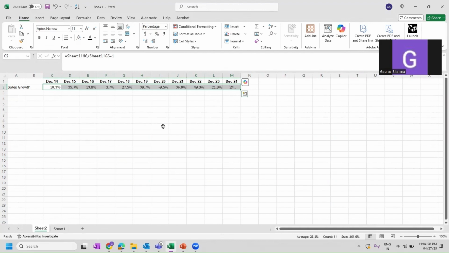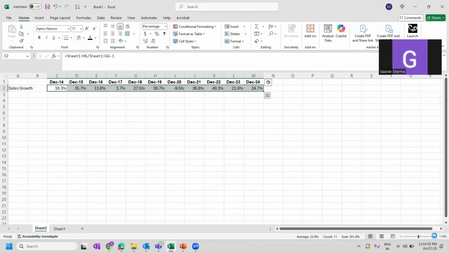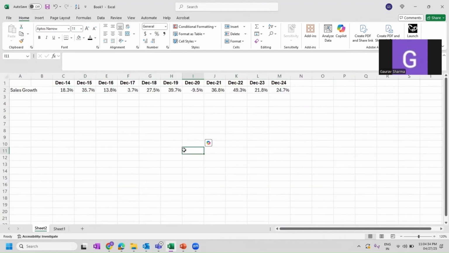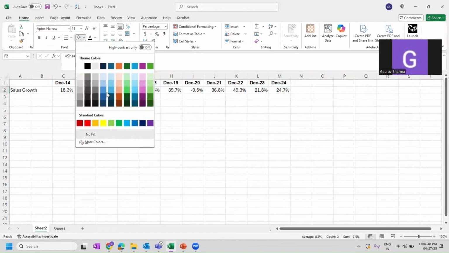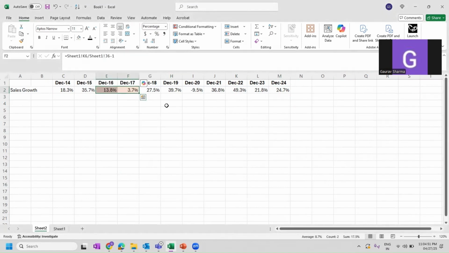Now let's assess whether this growth is consistent or not. So I'll copy the formula all the way to the right and maybe zoom in a bit for your benefit. And yeah, so you see my sales have grown considerably, but then there have also been years where I see the growth not being that consistent.